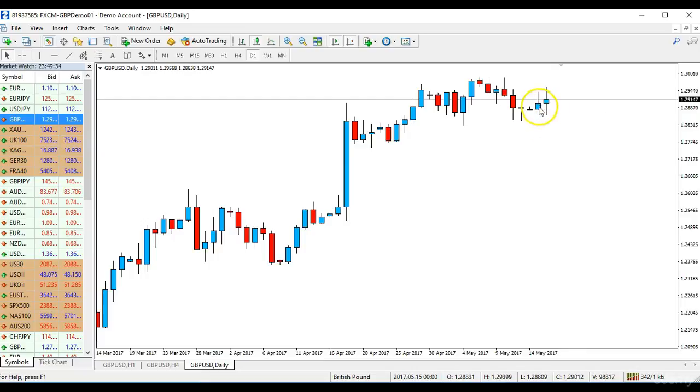So that's all it does. You can see at a glance where it opened, where it closed, and it gives you a visual representation of what it did that day.